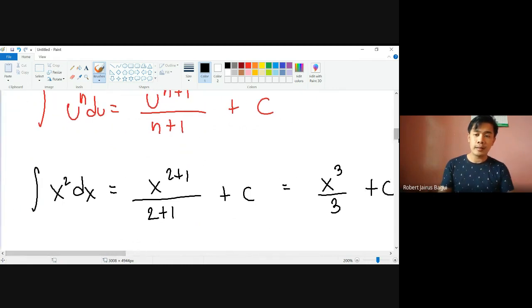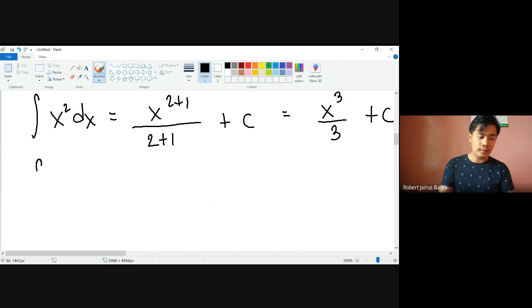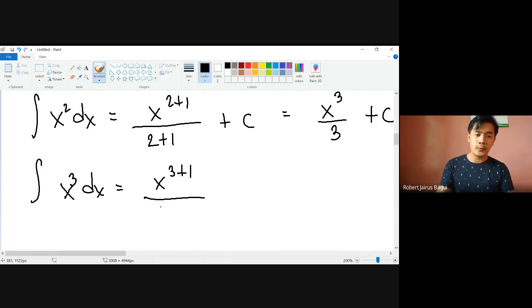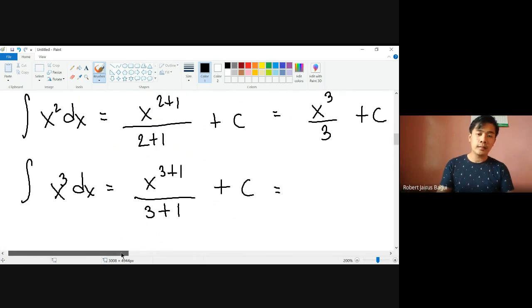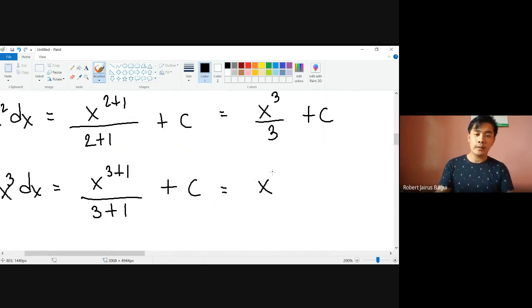It is that simple. Another example, let's say x cubed dx. So x raised to 3 plus 1 all over 3 plus 1 plus c. That is x raised to 4 all over 4, or 1/4 times x to the 4th. It depends. Plus c.